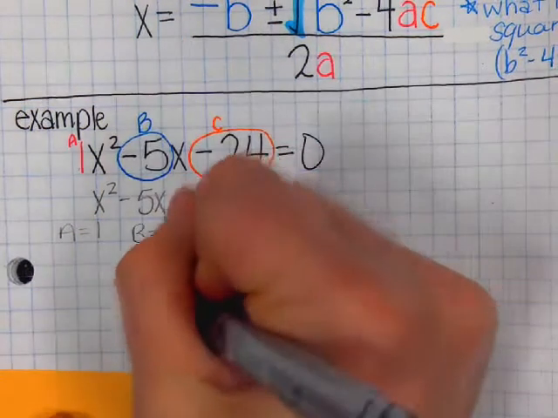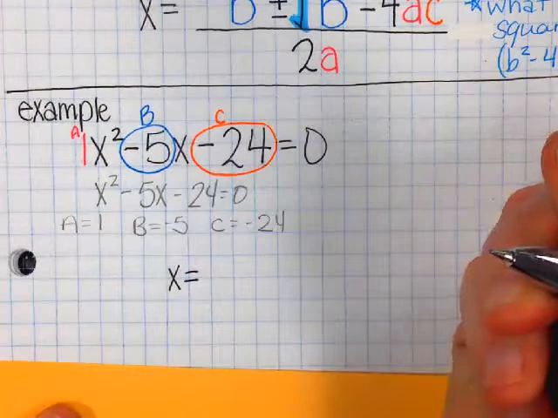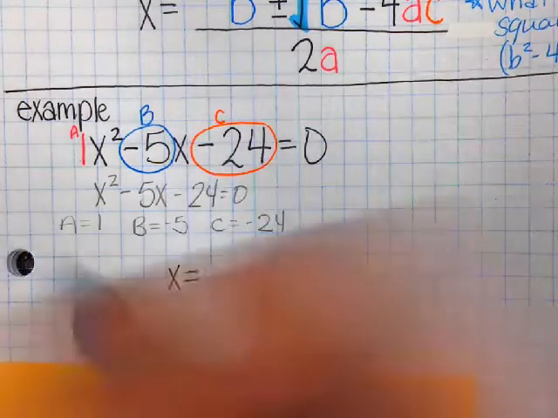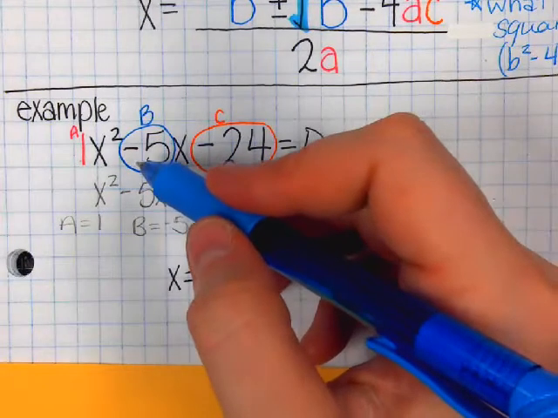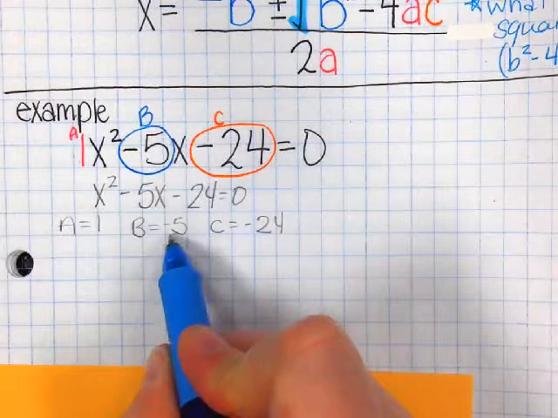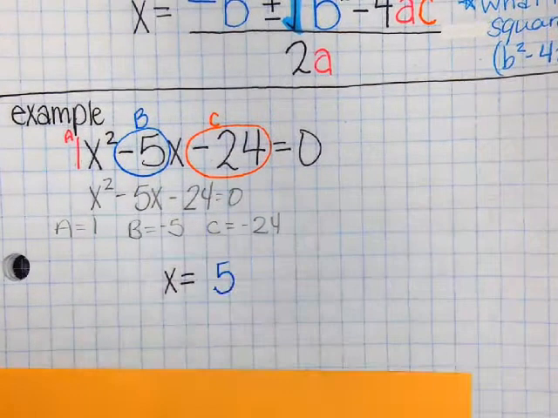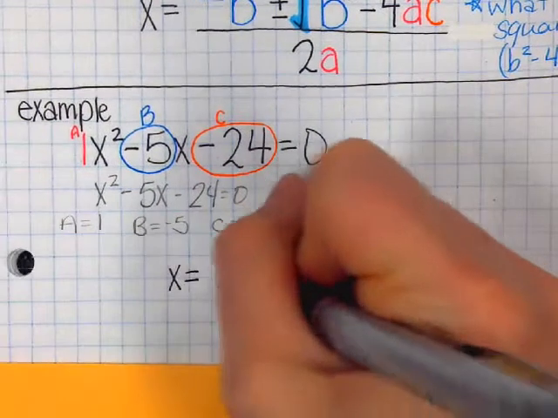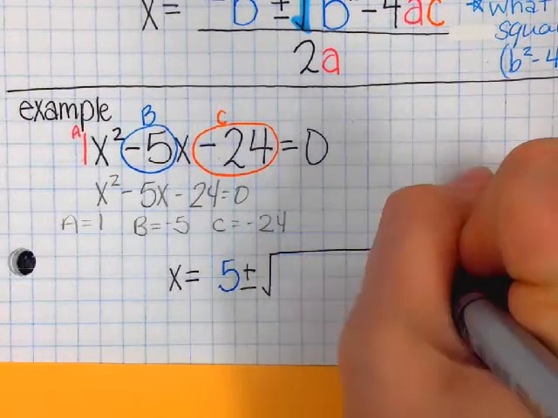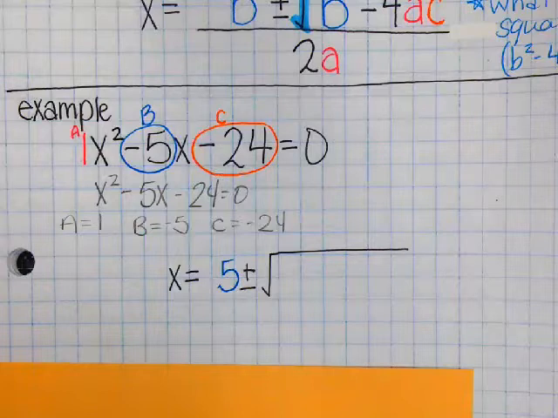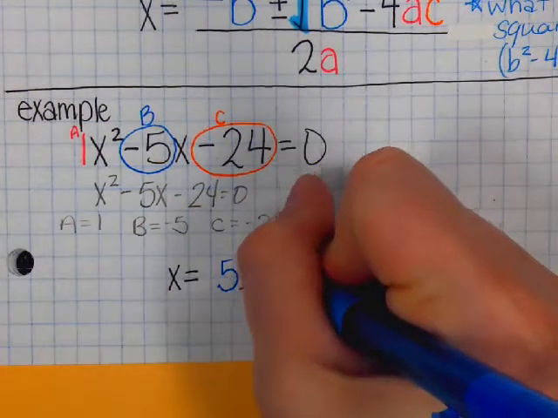Let's go ahead and set up our quadratic formula. x equals the opposite of b. So the opposite of negative 5 is a positive 5, plus and minus the square root of b squared, which is negative 5.